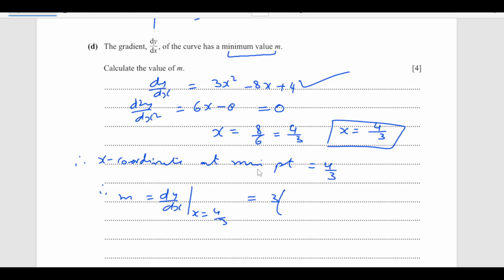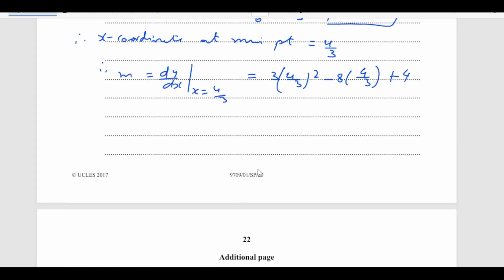So, 3x squared, x is now 4 over 3 squared, minus 8 into 4 over 3 plus 4. Now, we will just simplify it. So, this is going to be 3 into 16 over 9 minus 32 over 3 plus 4. So, 3 times 16 over 9 is 16 over 3, minus 32 over 3 plus 4.